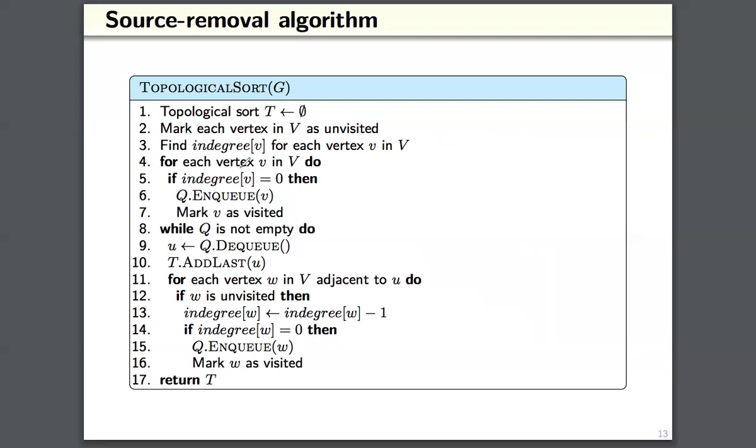Okay, next. For each vertex V in V, if in degree is 0, then add it to the queue, mark V as visited. Right? Okay, so at the end of this, what do you get? Why do we need to do this? So how many queues will be there? How many queues would be there here?